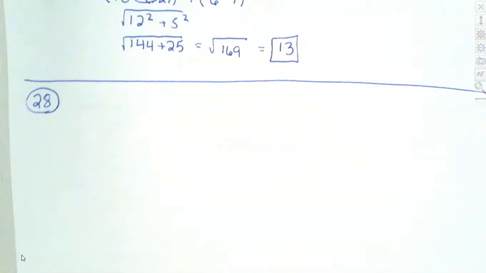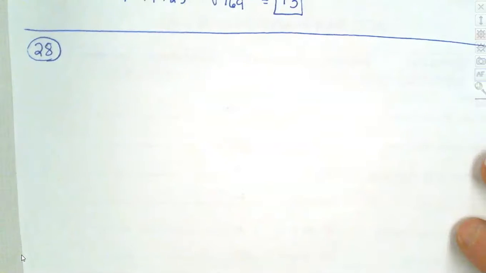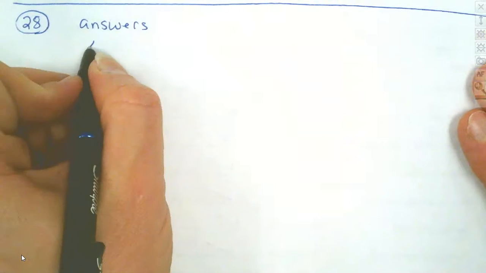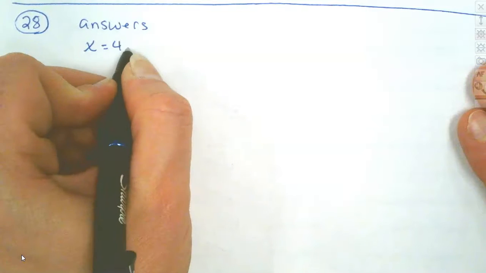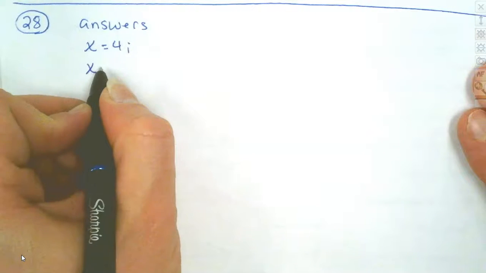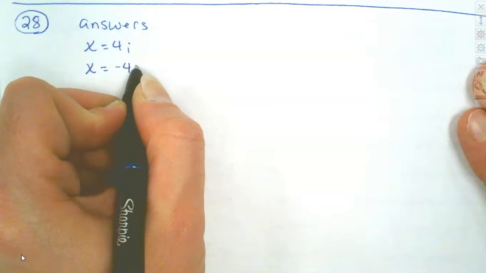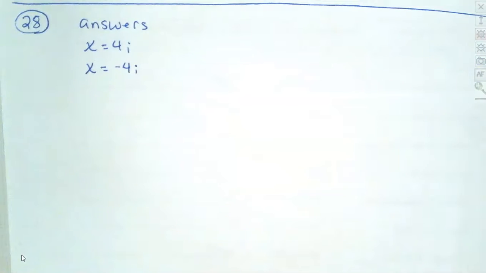Now, on question 28, what we're going to try and do is find the original polynomial that this came from. So we know that we have the answers. X equals 4i and x equals minus 4i. And we want to work this one backwards.